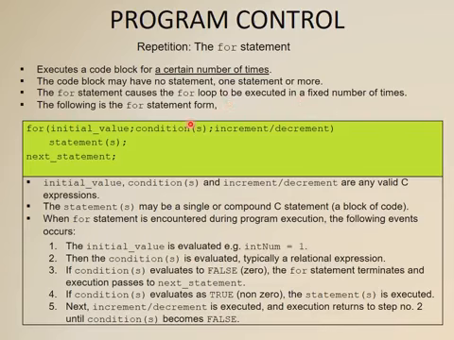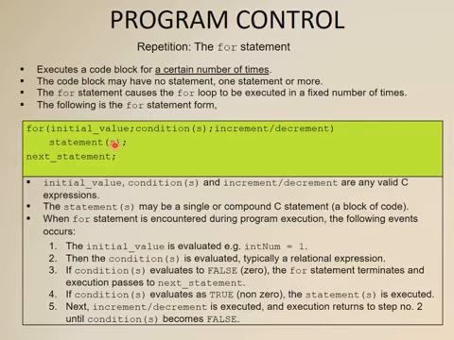So what is the syntax of the for loop? For, then the initial value, condition, and increment or decrement, and these three parts are separated by semicolons. Finally, if the condition is true, it will go into the statement or the statement block, and then the next block.